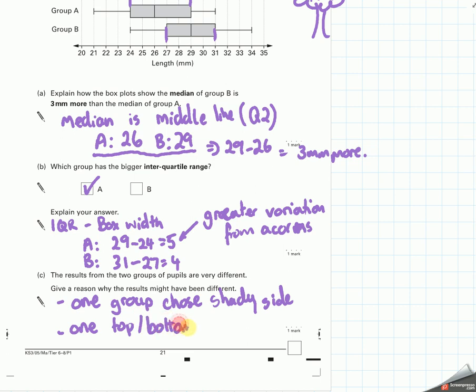And what we're basically saying is they probably chose different parts of the tree. You only have to give either that statement, or they chose different parts of the tree. You do not have to give all three. Just choose one short statement for this. If you give too long a waffling statement, you may make a mistake and you may get penalised because of it.